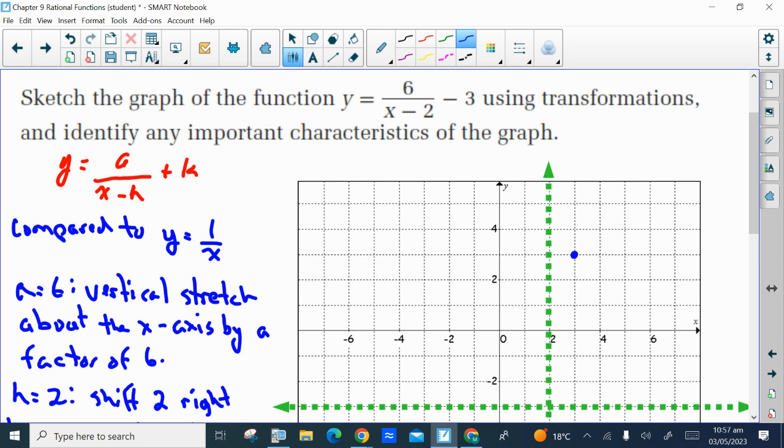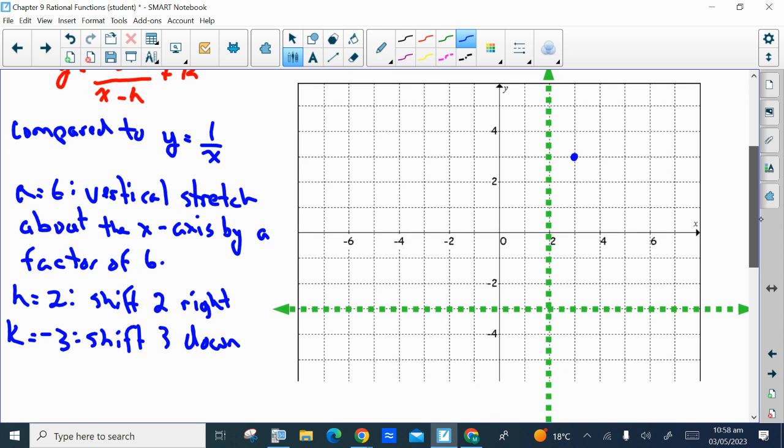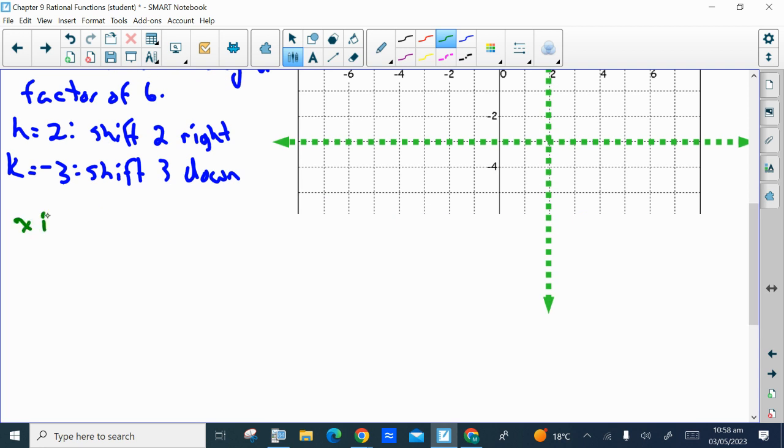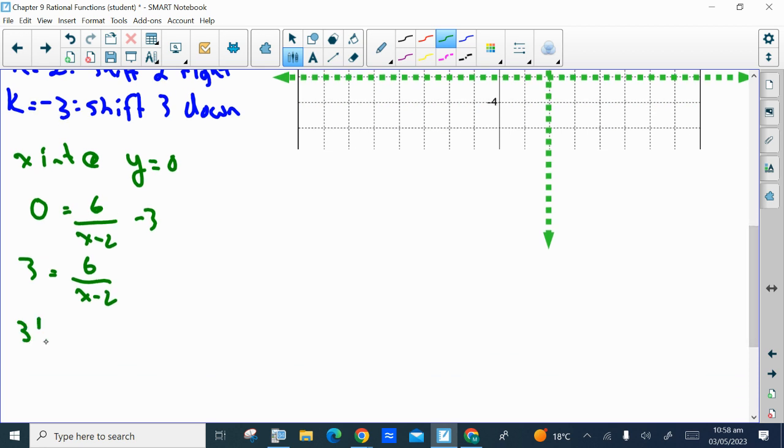This graph will have an x-intercept, and we can find that by letting y equal 0. So let's do that. Our x-intercept is where y equals 0. So it'll be where 0 equals 6 over x minus 2 minus 3. So here you would add 3 to both sides. Next, we would multiply both sides by x minus 2.